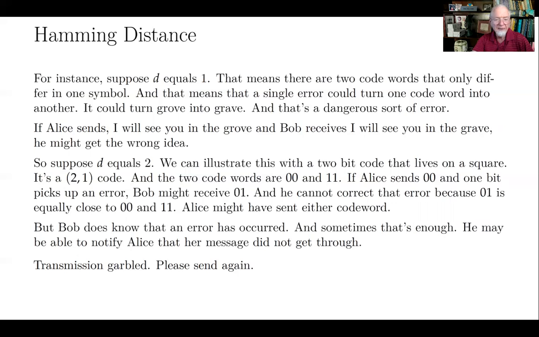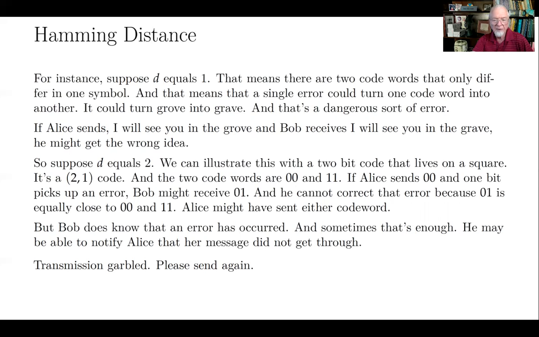So suppose D equals 2. We'll illustrate with our 2-bit code that lives on a square. It's a 2-1 code. The only 2 code words are 0, 0, and 1, 1. If Alice sends a 0, 0, and 1 bit picks up an error, Bob might receive a 0, 1. But it's equally close to 0, 0, and 1, 1.